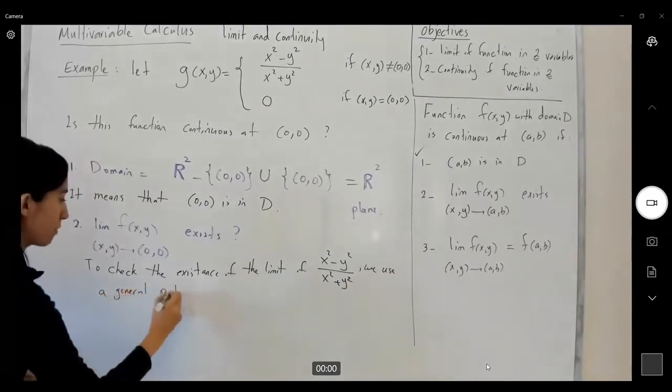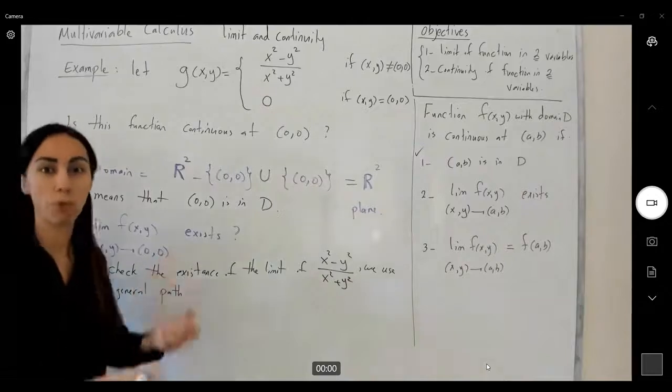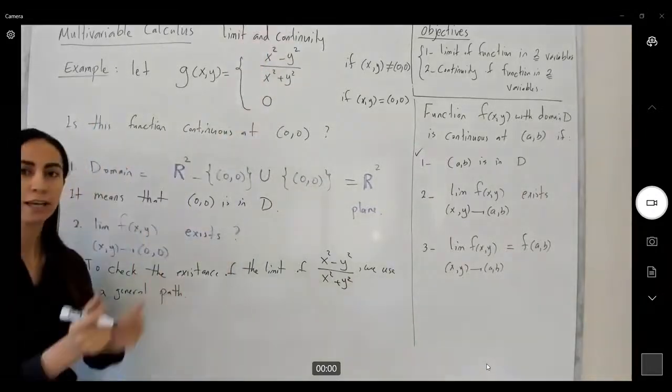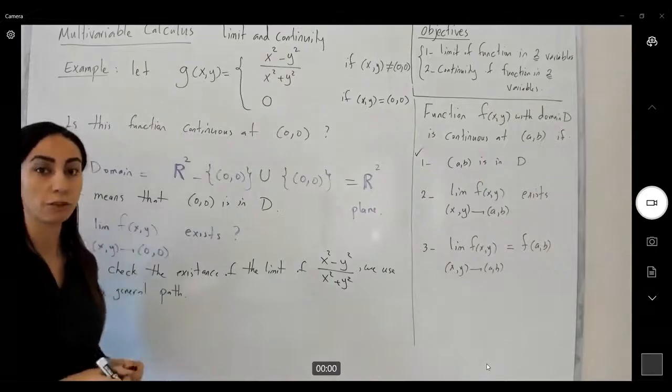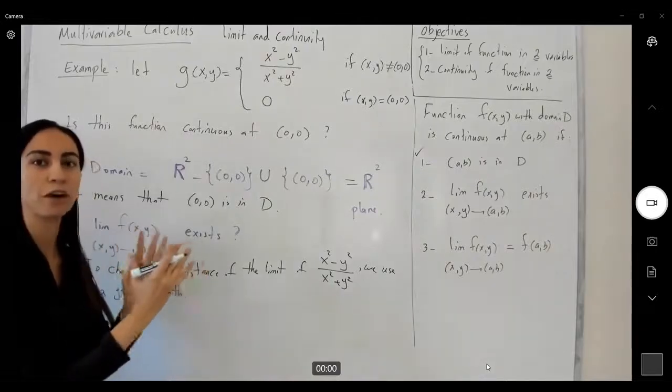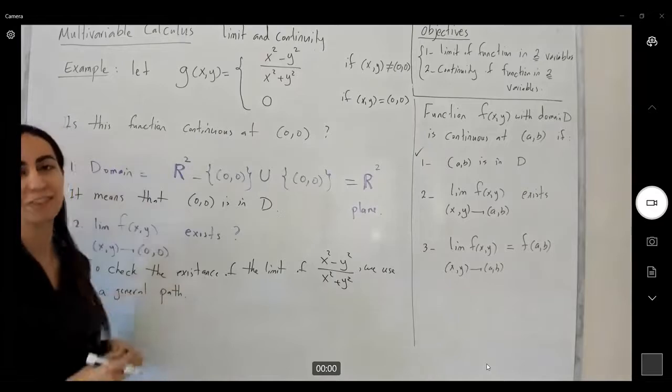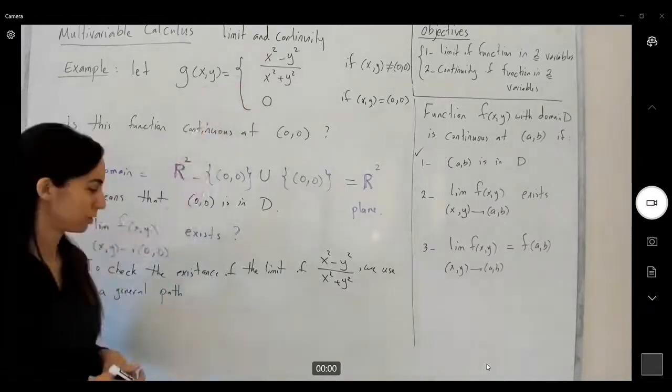A general path. What's the point? The point is to simplify this function, get rid of one of the variables, and make it a nice function with only one variable. It makes it easier for us to analyze this function.